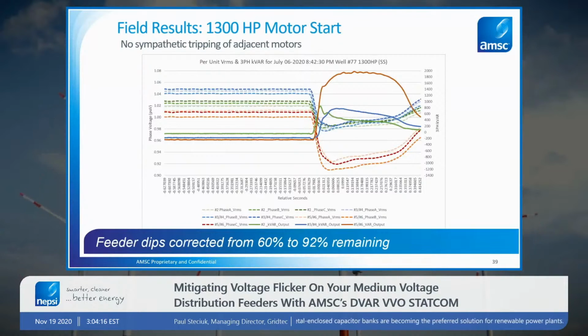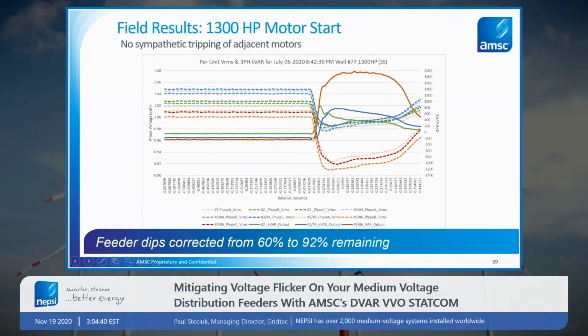So what we did to address that diversity of load and diversity of motor starts was to just use a voltage control mode. And that's here. The dotted lines are the voltage during a motor starting event, measured at all the STATCOMs on that feeder.